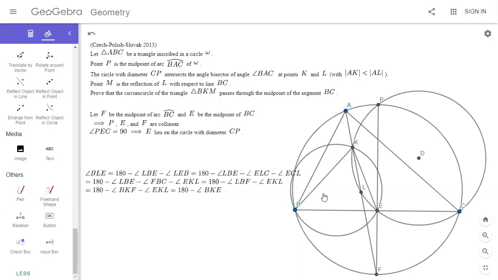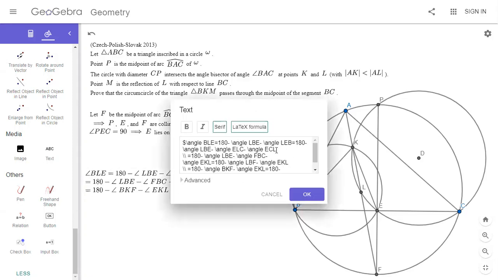So let's see, BLE is 180 minus LBE minus LEB. ELC is LBE. ELC is F. Okay, I'm going to insert a step here.